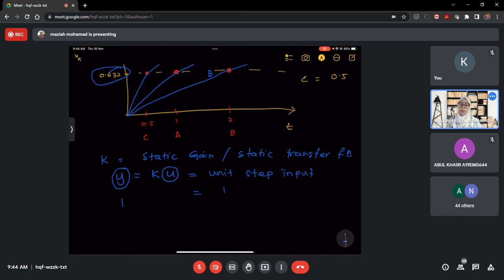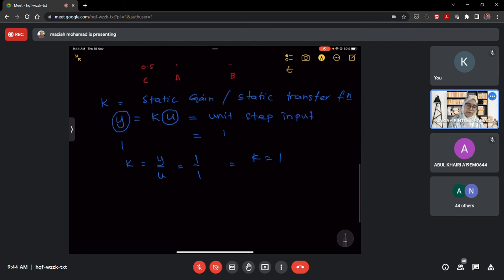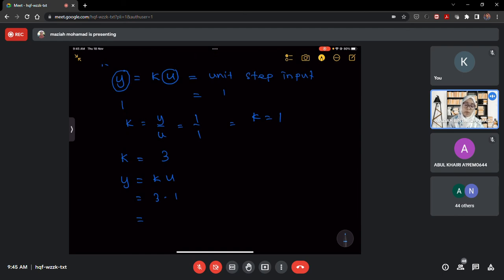So we apply a unit step input, and we can expect the output is 1, but it also depends on K. If the output is 1, then K equals Y over U, which is 1 over 1, so K is 1. But if K is not 1, say K equals 3, then Y equals KU, K is 3 multiplied with U, the step input 1. So the final value we reach is 3.